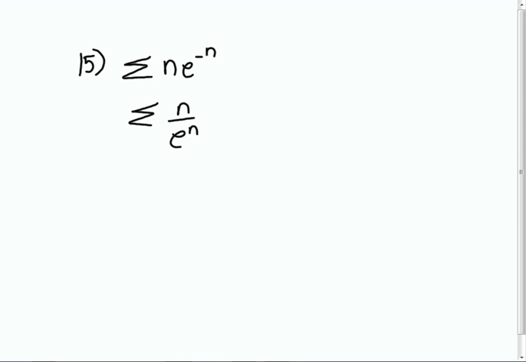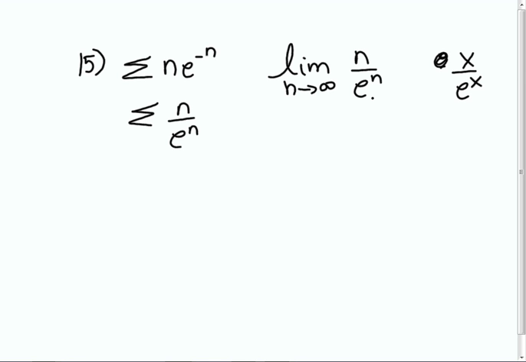Is it geometric? First off, does the limit of that sequence go to 0? It's always the first question: n over e to the n, as n goes to infinity, is that 0? Sure. Think of it as x over e to the x, which just goes to infinity faster, e to the x or x.